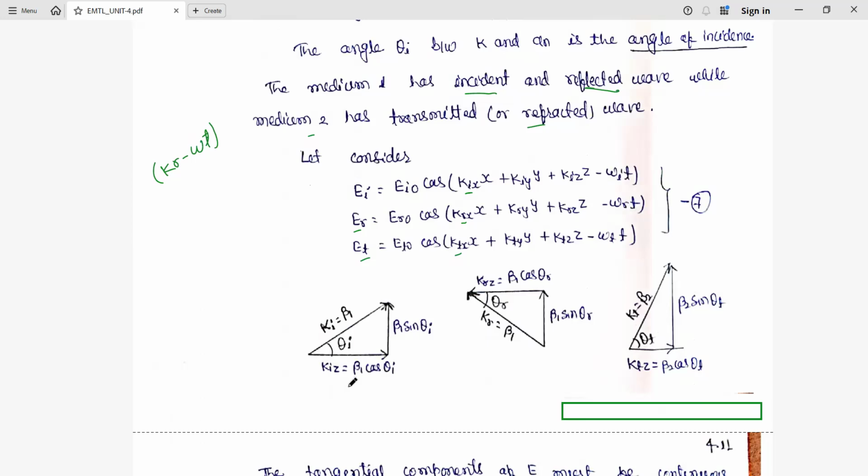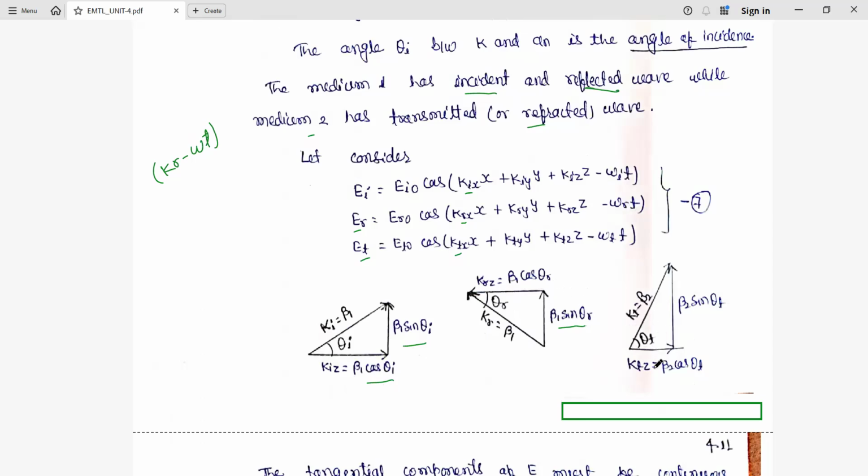If you resolve this vector Ki, along the z-axis we have beta 1 cos theta I, and along the x-axis we have beta 1 sin theta I. Similarly for the reflected wave, we have beta 1 sin theta R along the x-axis, and beta 1 cos theta R along the negative z-axis.